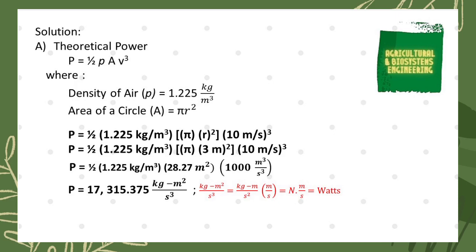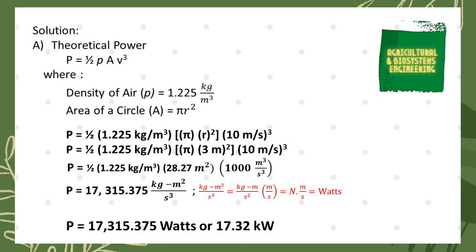So Newton by meters per second is equal to watts, giving us 17,315.375 watts or 17.32 kilowatts. We just divide it by 1,000, because if you're going to convert watts into kilowatts, just use the conversion. 1,000 watts is equal to 1 kilowatt. And that's it for our theoretical power.